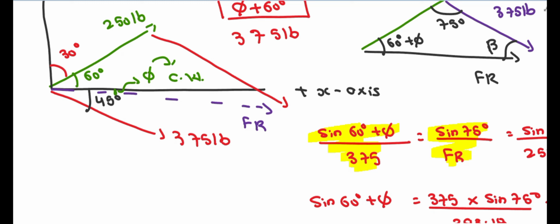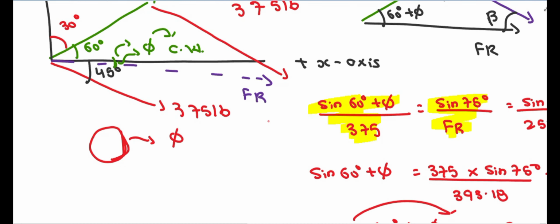The second answer is that this phi is moving in a clockwise manner, because this is the direction of phi. If you complete this circle, it moves exactly the same way as a clock moves. That is why this is the clockwise angle.